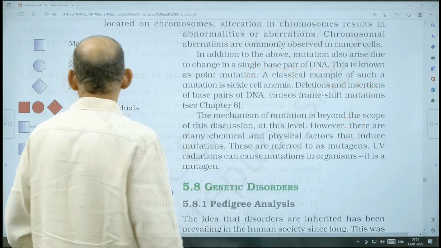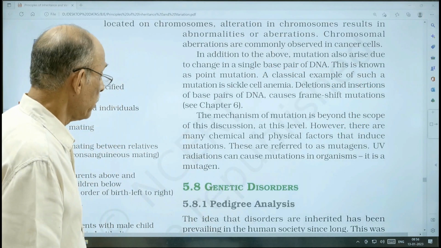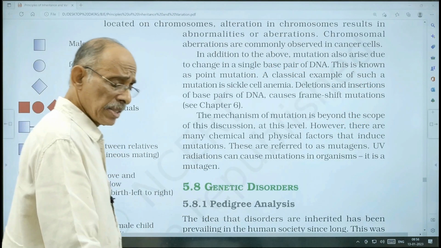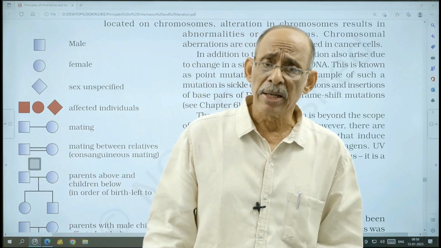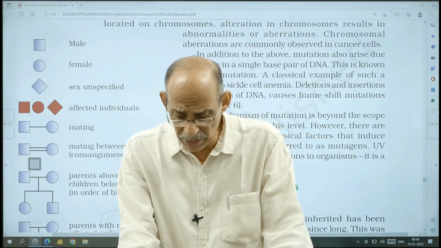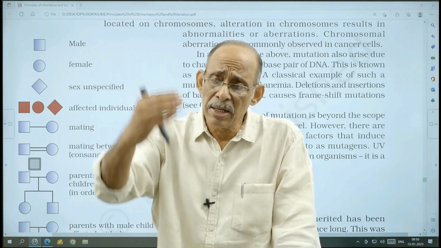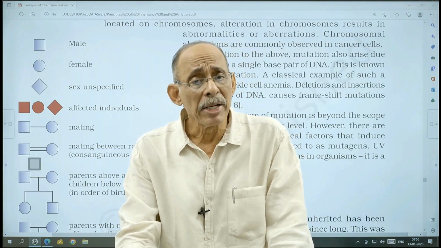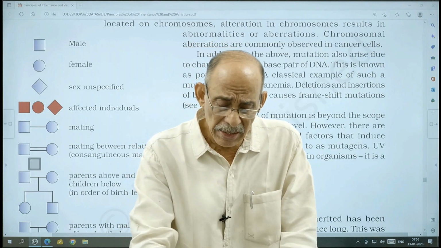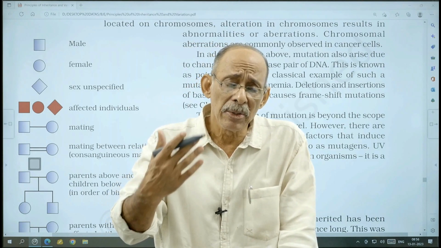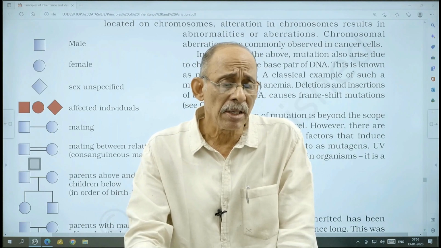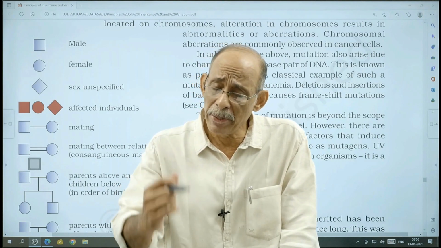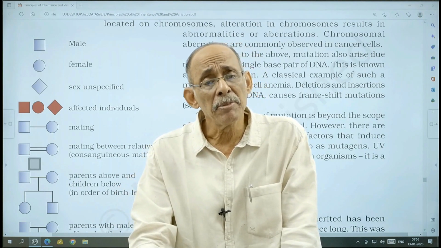This is pedigree. Pedigree means there are several diseases or particular characters which are inherited in a particular family only. So how these characters are inherited in that particular family, we can study only by pedigree analysis. In pedigree analysis, we cannot make controlled mating experiments on human beings. In plants and other animals, it is possible.